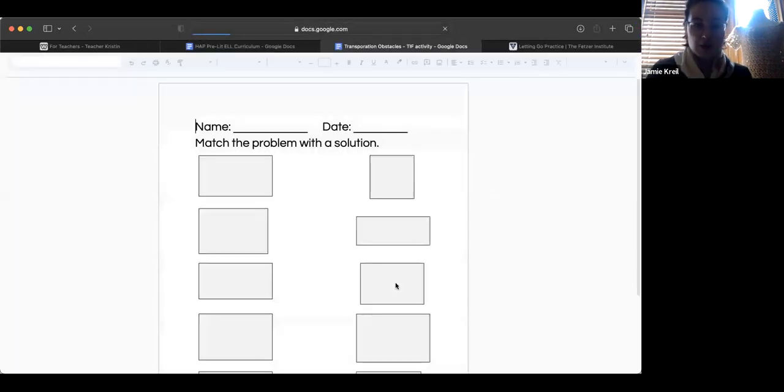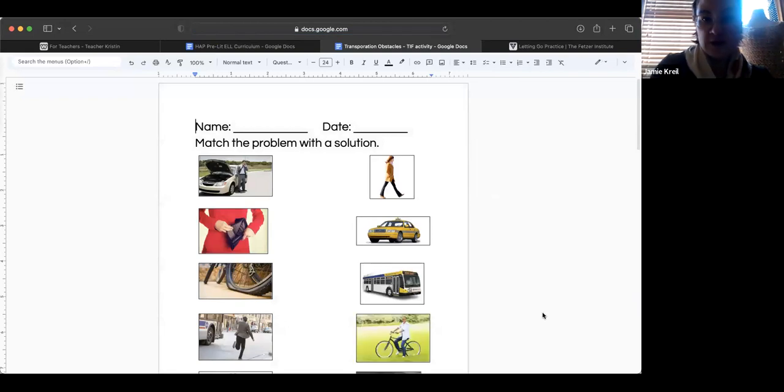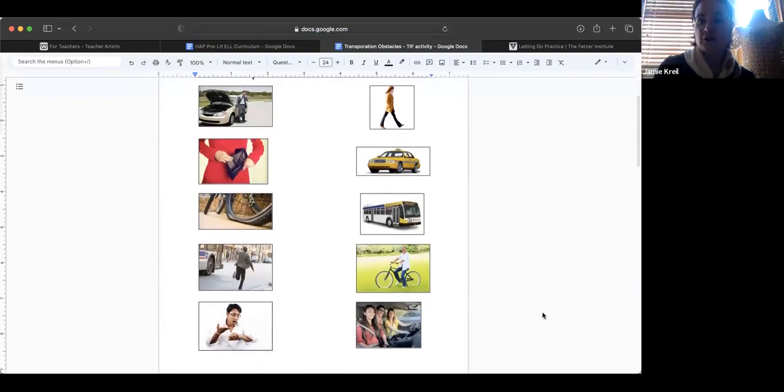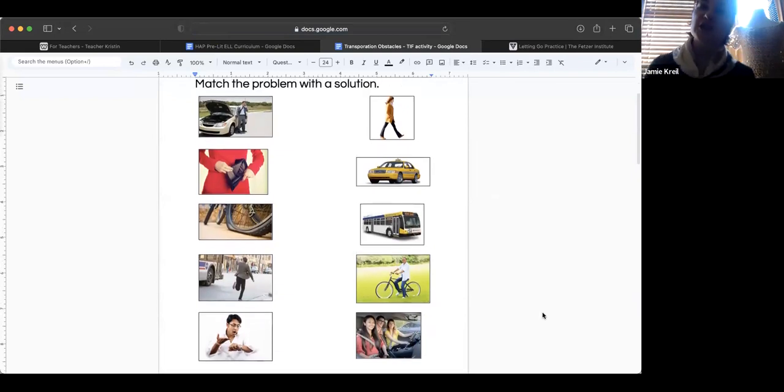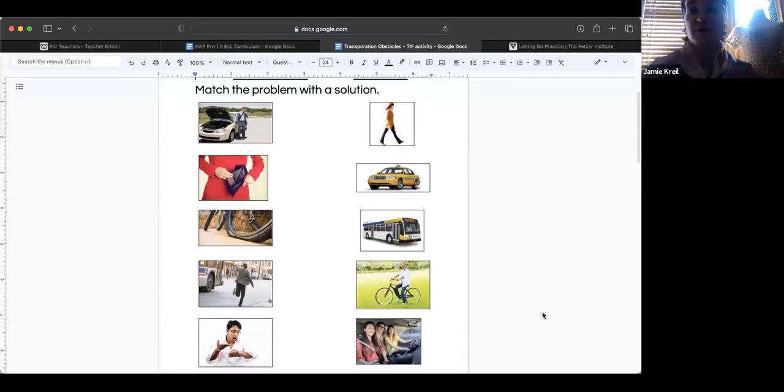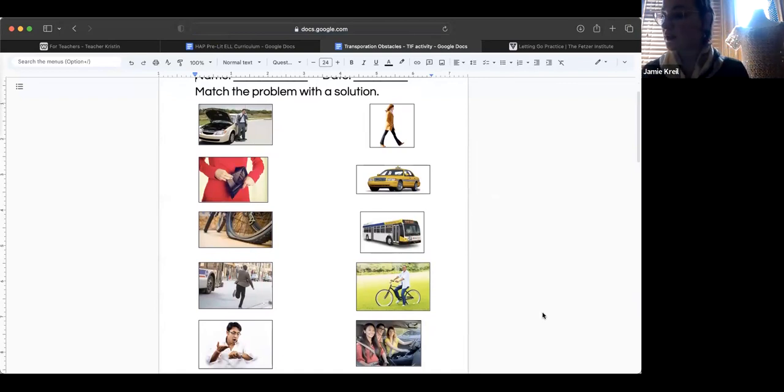Yeah. So this activity follows from some PowerPoint slides which highlight transportation obstacles one might face out in the community, like you're late for the bus, or you don't have any money for the train, or your car broke down. And students are asked to match a picture of this obstacle to a potential solution.